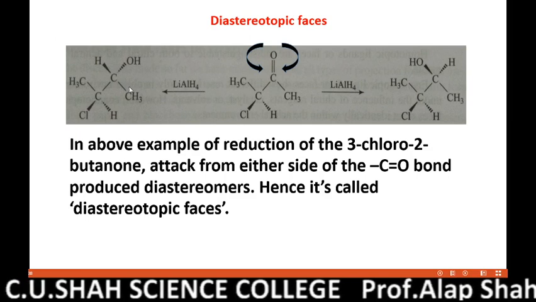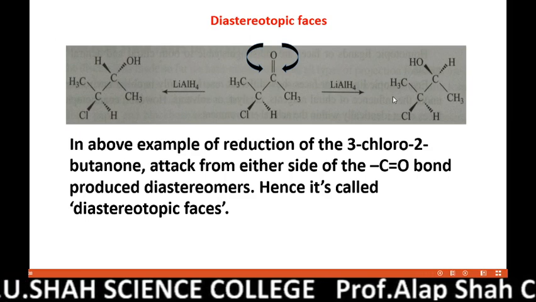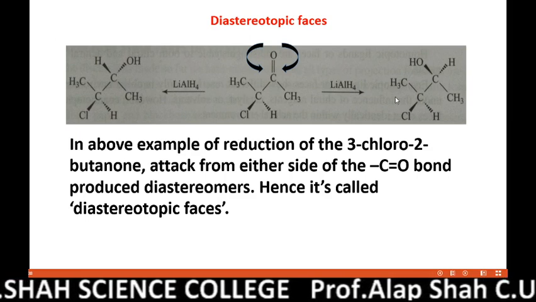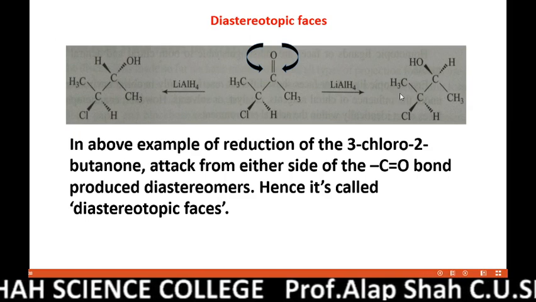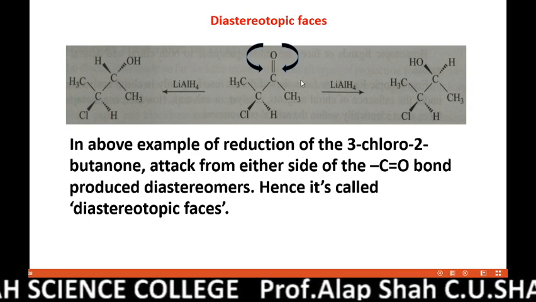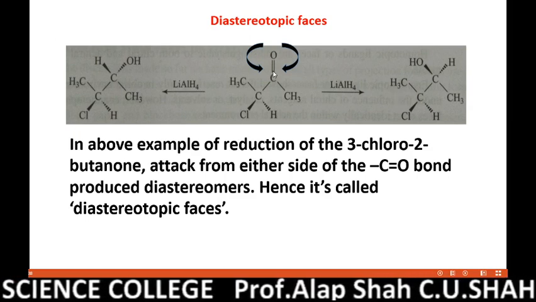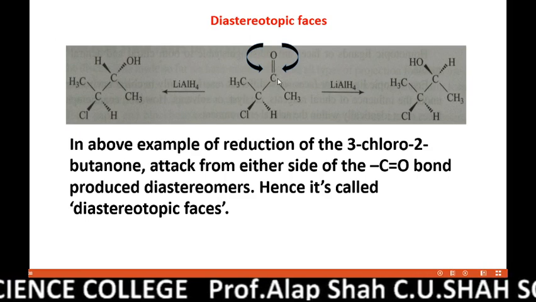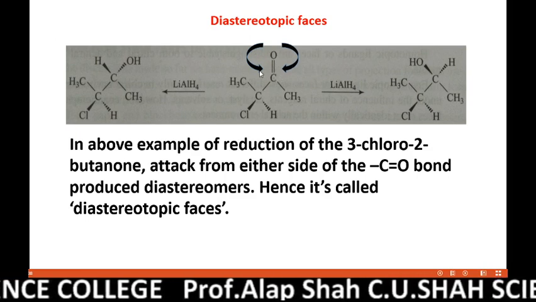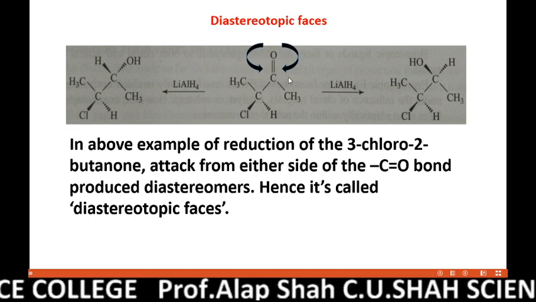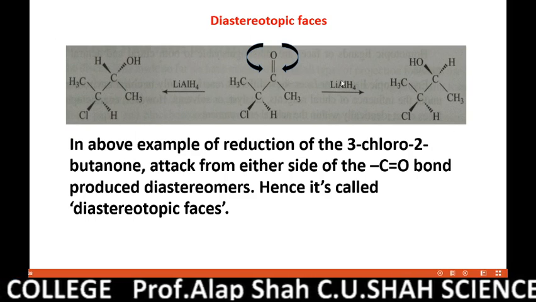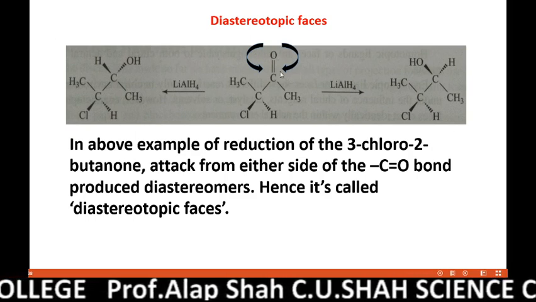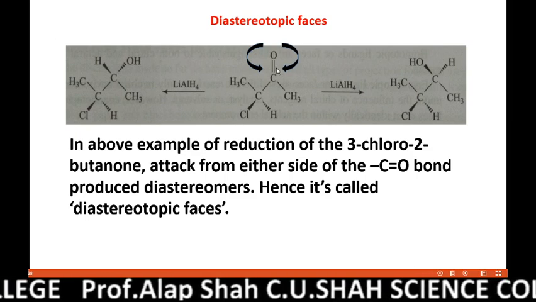So if you carefully observe both the products, they are diastereomers. They are not mirror images of each other. So such faces, where attack of a nucleophile from two different sides gives rise to diastereomers of each other, are called diastereotopic faces.